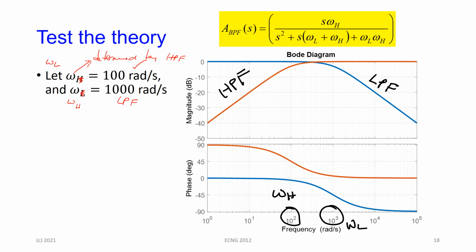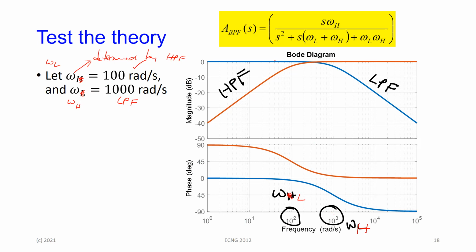So in fact, the low pass filter cuts off at omega H. Notice the low pass filter is supposed to cut off at omega H. So I will make this change for you. I'm sorry about that. I have the wrong things on the diagram. The low pass filter determines the high frequency cutoff. So the low pass filter will cut off at 1,000 radians per second, which is this value here.